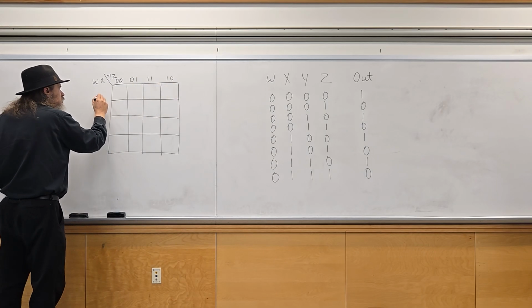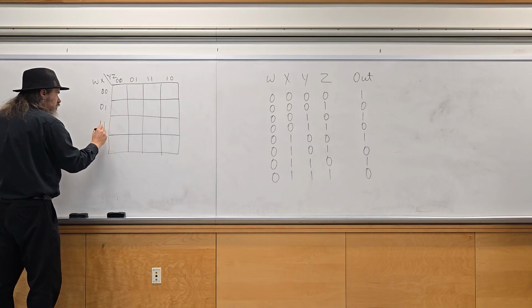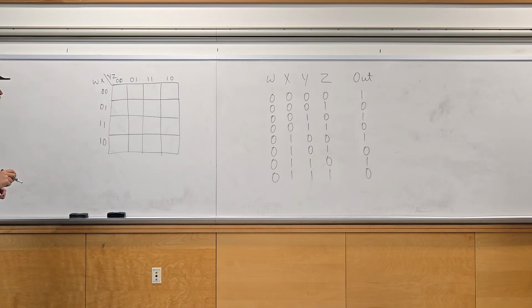Likewise on the side: 0, 0, 0, 1, 1, 1, 1, 0. So you have all combinations.